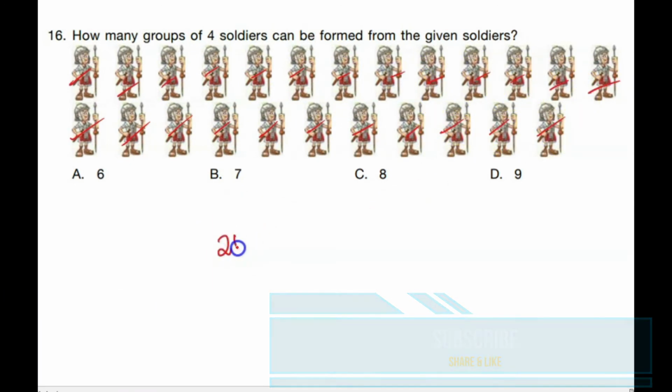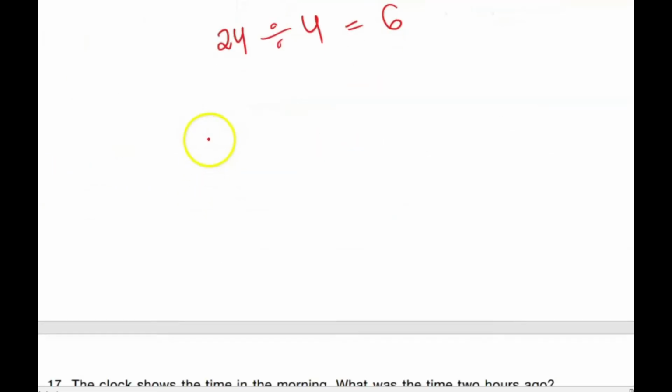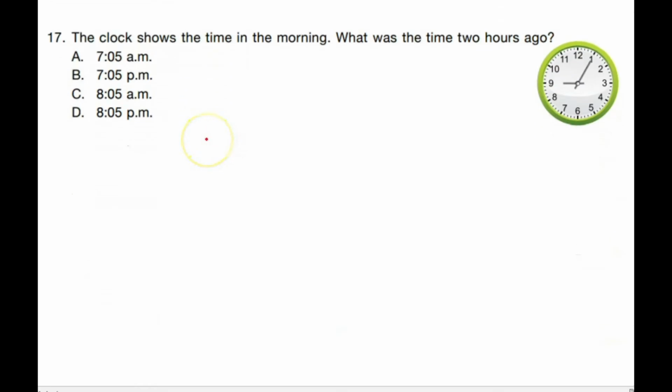We have a total of 24 soldiers and we have to group in 4 soldiers each. So what we'll do? 24 divided by 4. We will get 6. So there will be 6 groups of 4 soldiers each. Next question we have is question number 17.